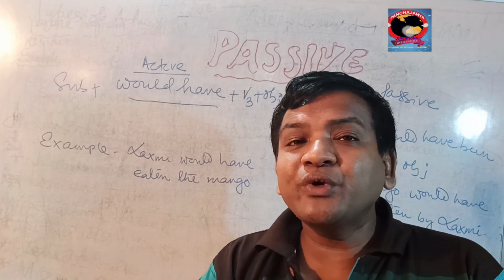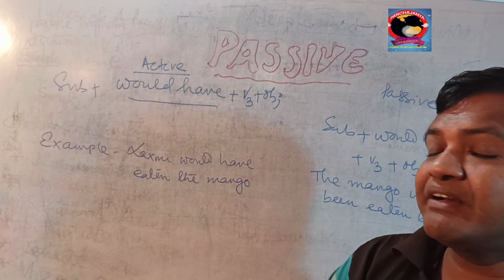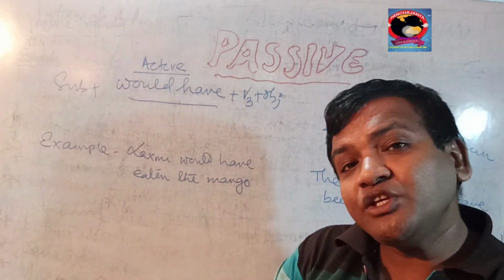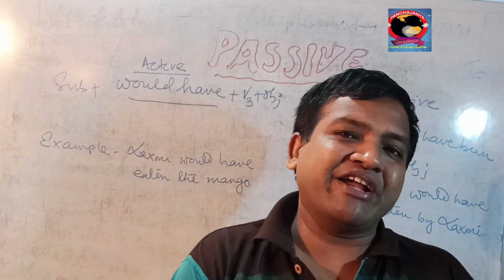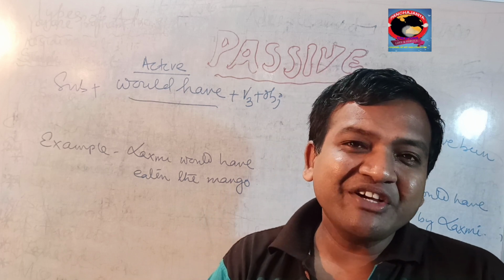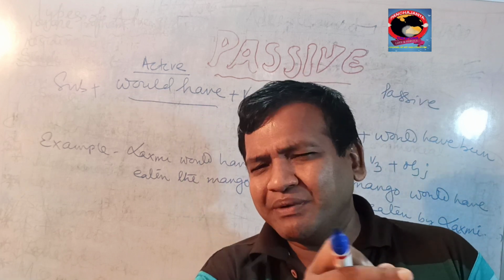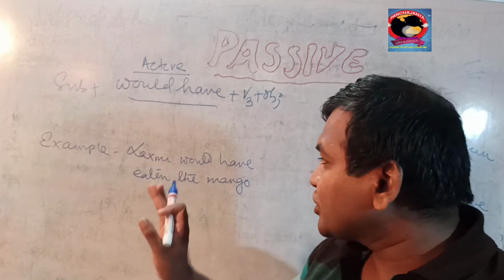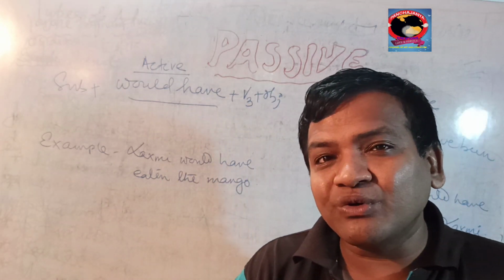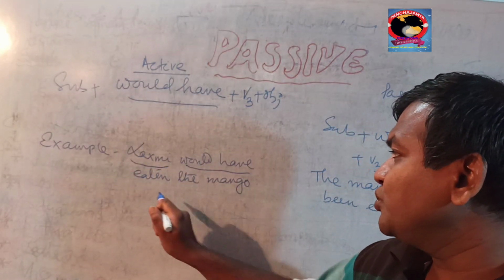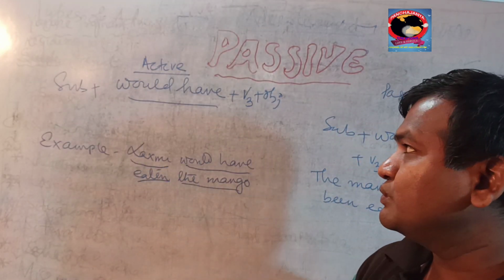So if we are using it in active and passive, you see, subject plus would have plus V3. Lakshmi would have eaten the mango. She was very hungry, so she must have eaten. Now Lakshmi is the subject, would have has been used, eaten is V3, then mango.